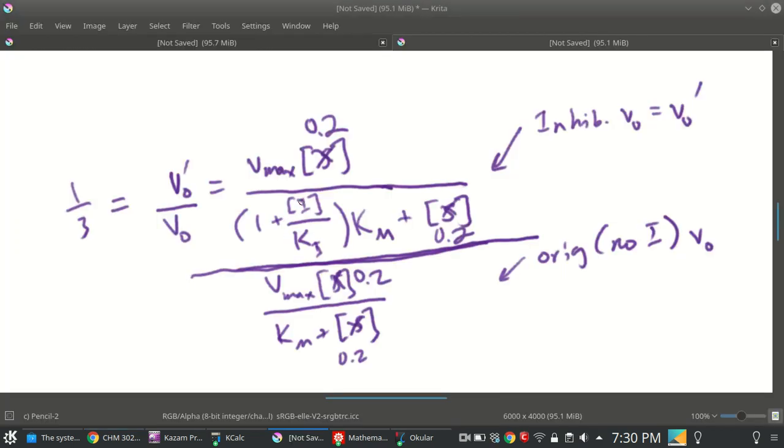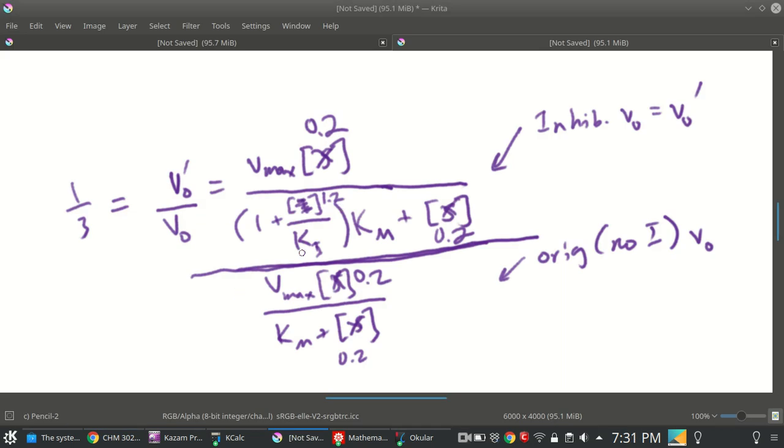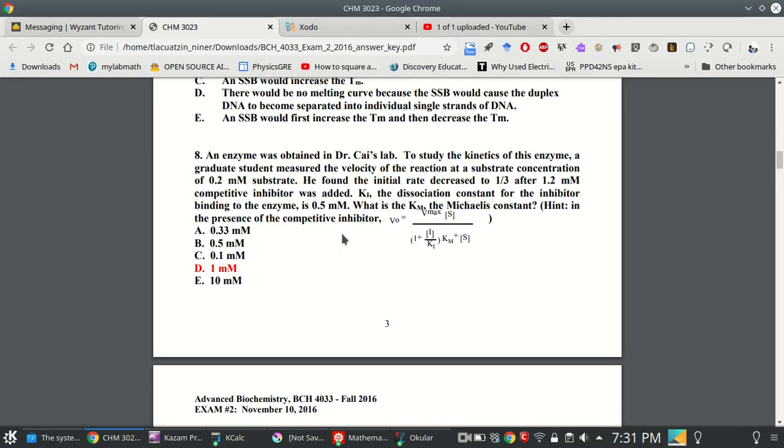So competitive inhibitor, this guy right here, this is 1.2 millimolar. And then the dissociation constant for the inhibitor binding to the enzyme is 0.5 millimolar. Ki is 0.5 millimolar. Put 0.5 right there.